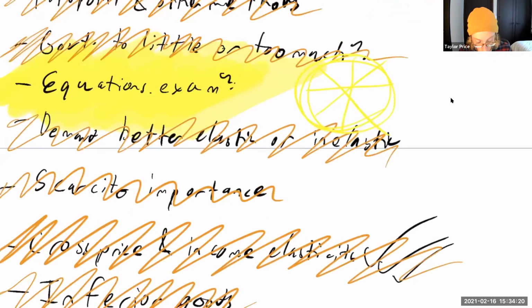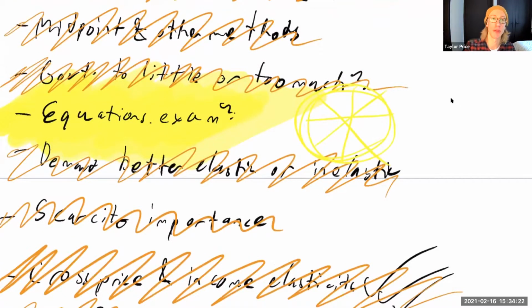Okay, so the one question that I wanted to start with was a question about the equations on the exam. So any equation that is in the lecture slides or that you've used on your Cengage MindTap homework is fair game for the exam. I will say that because the exam is open note, I would highly recommend that you have all of the lecture slides open.